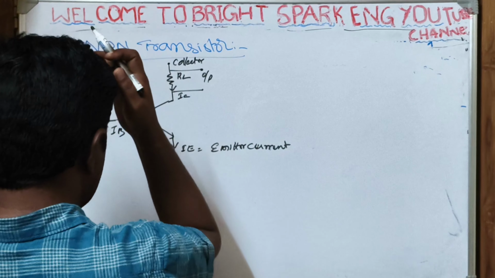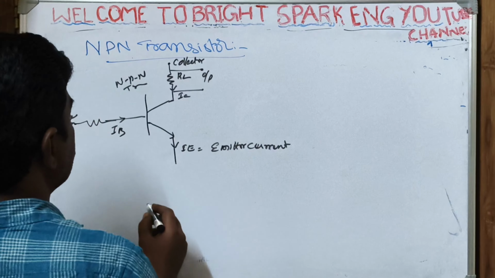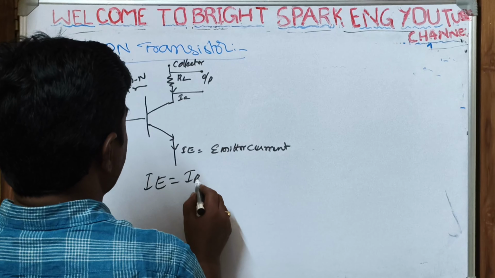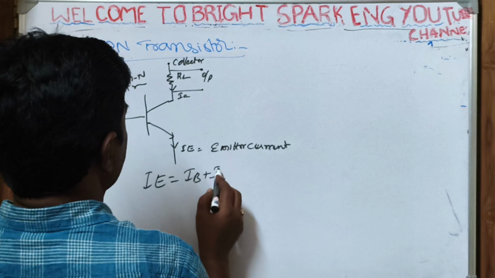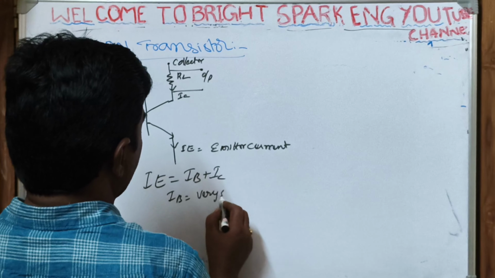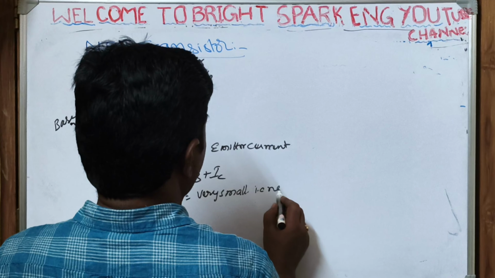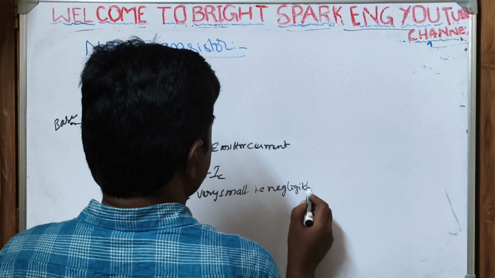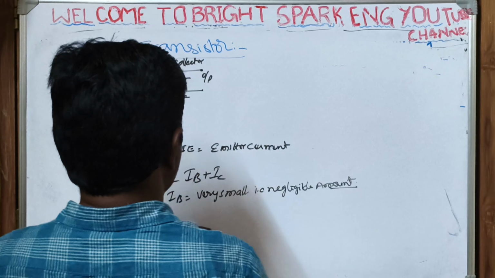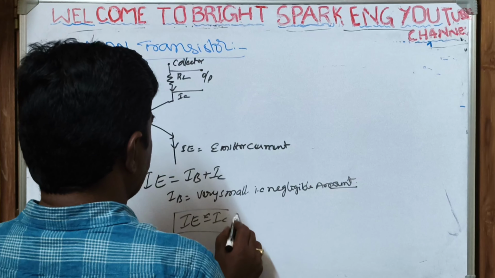In this current equation, the emitter current is equal to the base current plus collector current. In this, base current is very small, a negligible amount. So IE is approximately IC.